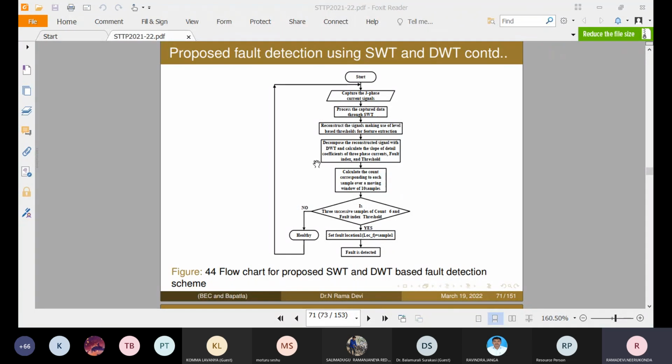Once we get the reconstructed values with the help of level based thresholds, we again decompose the reconstructed signals through DWT. Then we compute the slope of detail level coefficients and find the fault index, which is compared with the adaptive threshold to identify the count values. Once the computed count value for 3 successive samples is greater than 3, the fault is detected and its location is identified.